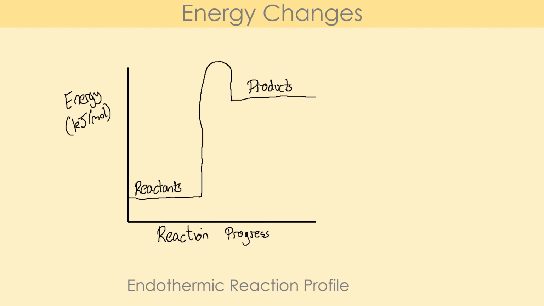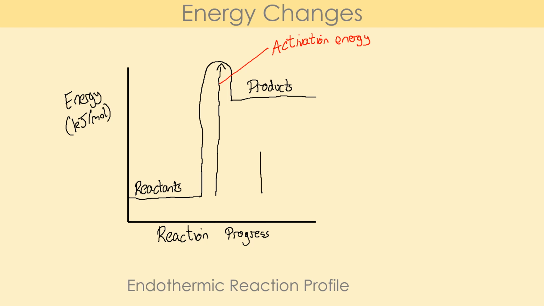Now our arrows go slightly differently. It's the same principle. We go from in line with our reactants all the way up to the top of the peak, and that is our activation energy. Again, our activation energy, the minimum energy required to start a reaction.